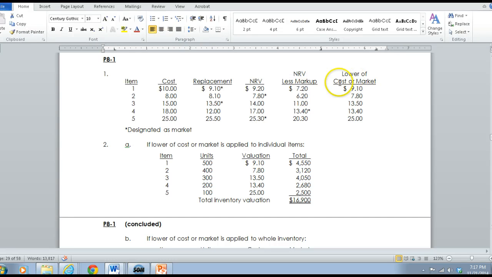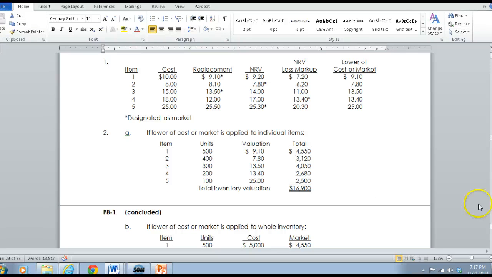So you can basically take these figures from part 1 and total the inventory to be 16,900. Sorry I'm going over that so fast, but basically here are the values, and by taking those values we see that the total inventory is 16,900.